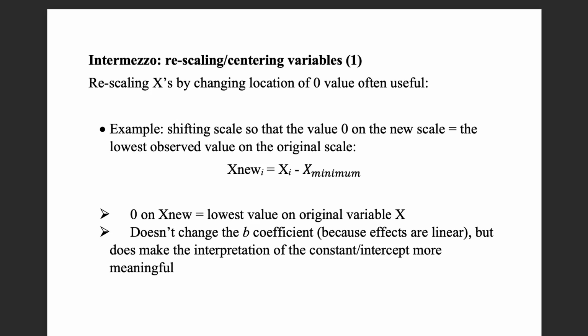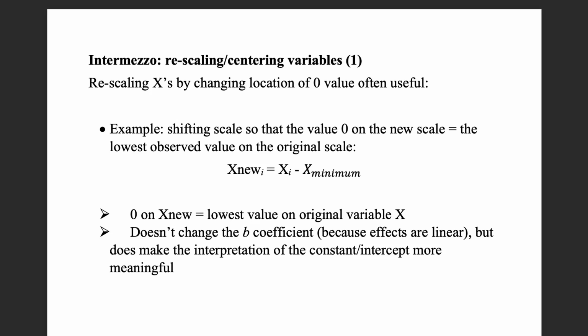So by rescaling your x variables, you can make sure that you have a constant that you can meaningfully interpret. For instance, by using this trick of shifting the 0 value of all your x variables to the lowest observed values, we now have a much more interpretable coefficient.